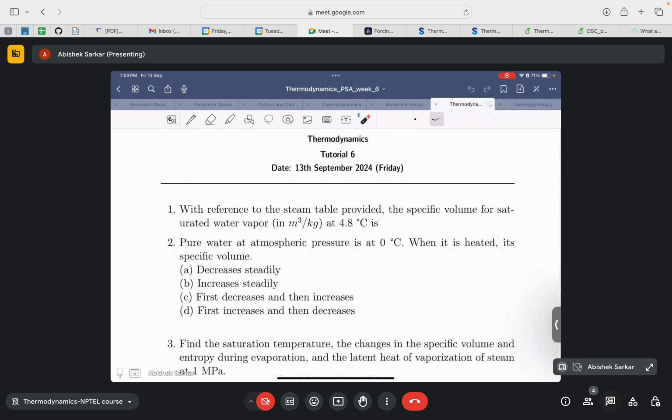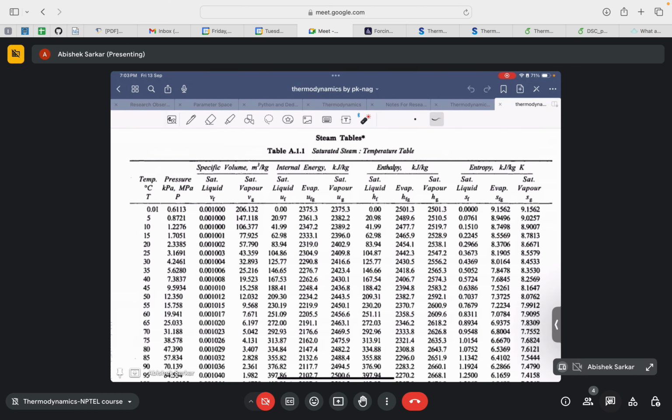We need to find the specific volume of the saturated water vapor at 4.8 degrees Celsius. Now we are discussing saturated steam, basically the region within the liquid vapor dome. Our required temperature is not in the steam table.